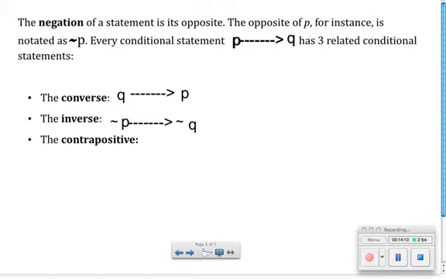So it's not Q, then not P. So what I want you to do when you are doing your homework is to think of these three lines as almost being a formula for how to write the converse, how to write the inverse, how to write the contrapositive.